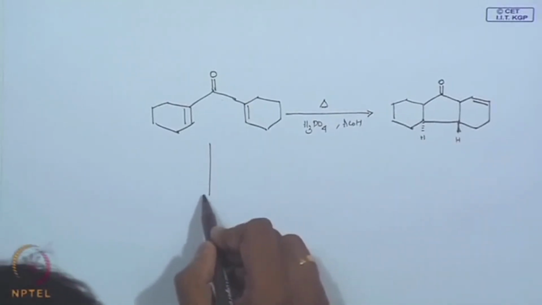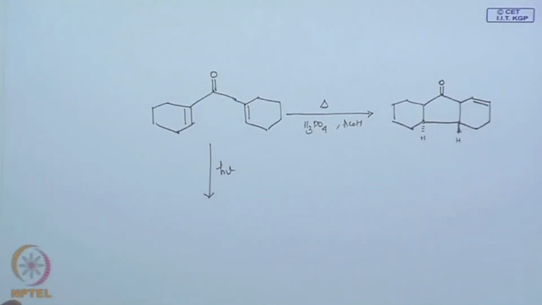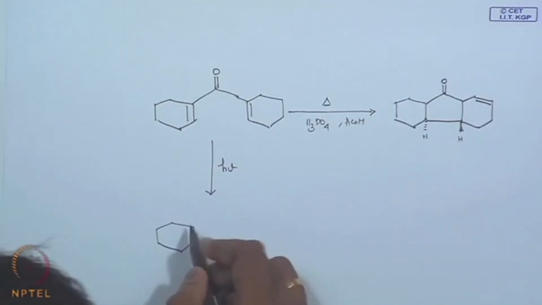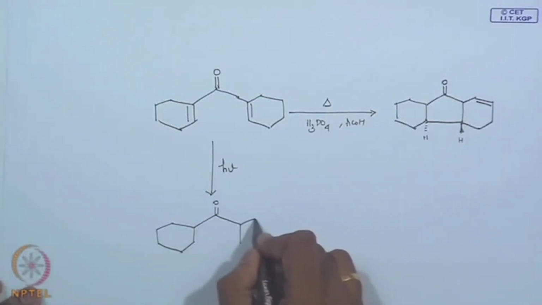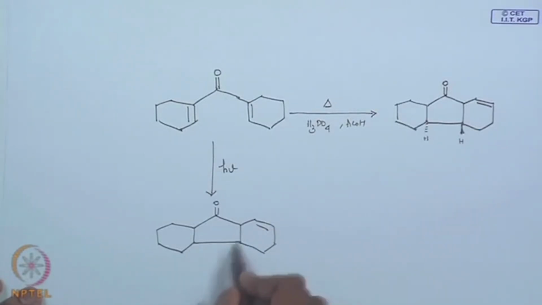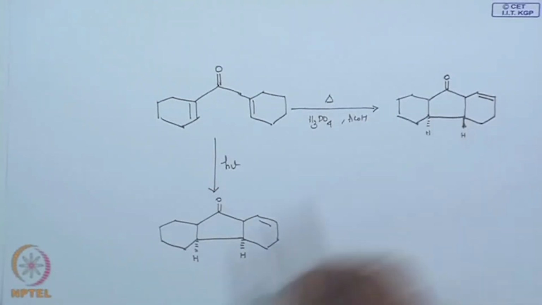Now, if I take the same compound and irradiate it, basically if I photolyze this molecule, what does it give? If you see the product, just a similar product, okay, but the important part is that you have to understand its stereochemistry. See, in this case the two hydrogens are in different planes, and in this case the two hydrogens are in the same plane. Okay.